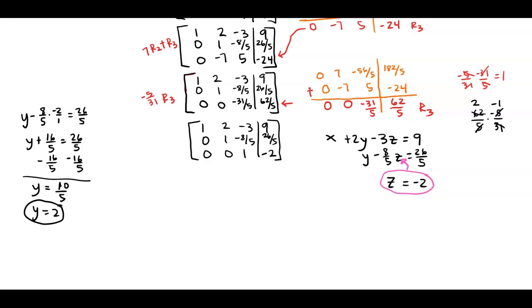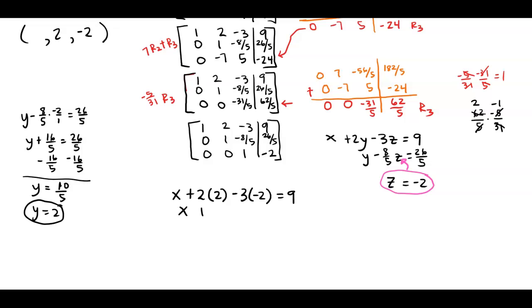So I found my z, right, for my ordered triple up here. So I got my z is negative 2, my y is 2, and then my x I need to find by going back up to that top equation. So I get x plus 2 times the 2 that I found there, y is 2, so put 2 in place there, minus 3 times my z, which is negative 2, equals 9.